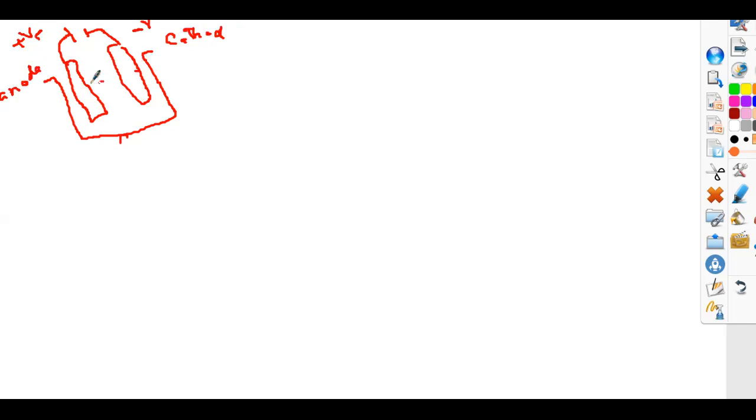Both of them are embedded inside an electrolyte solution or molten electrolyte. So those are the main parts of the electrolytic cells.